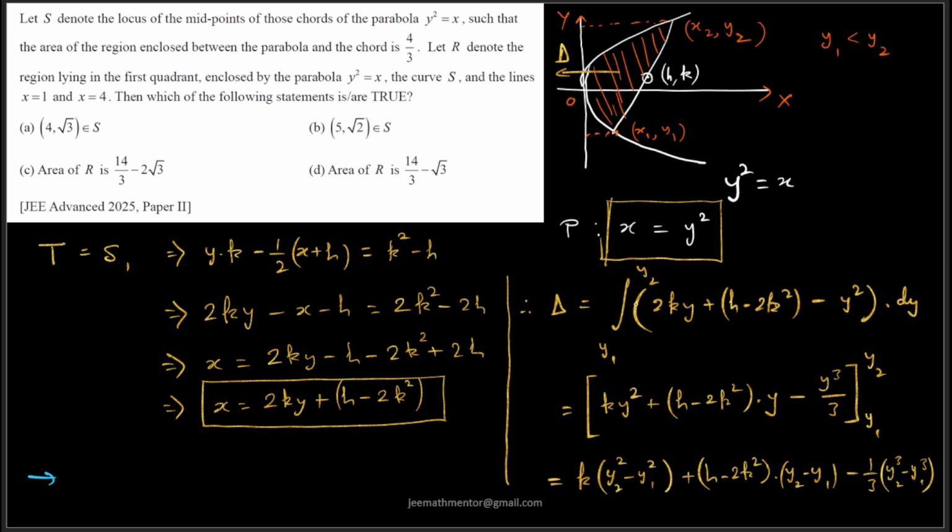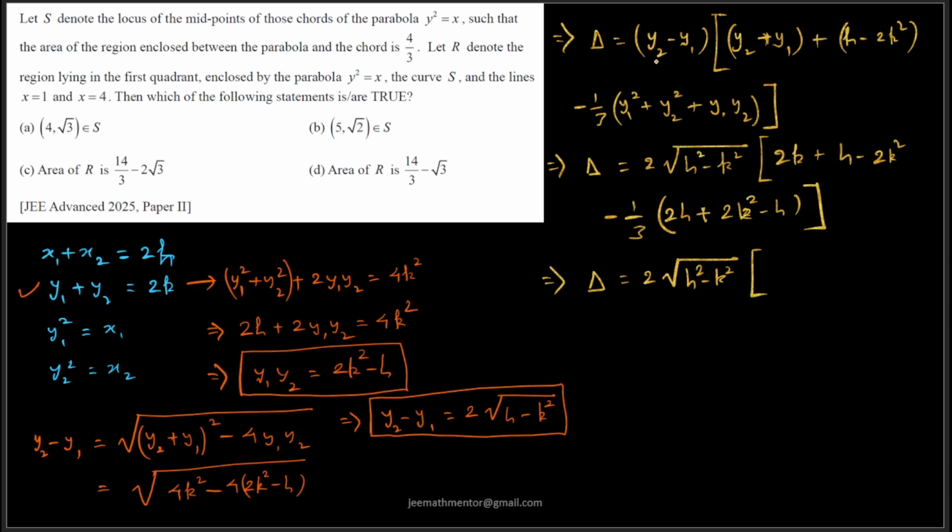So here when I integrated, there was ky squared. So this is k times y2 squared minus y1 squared. And here when I take the y2 minus y1 common outside, I forgot to put the k back here. So there's supposed to be a k over here, which I missed earlier. And now this k times y2 plus y1 becomes 2k times k, which is 2k squared.